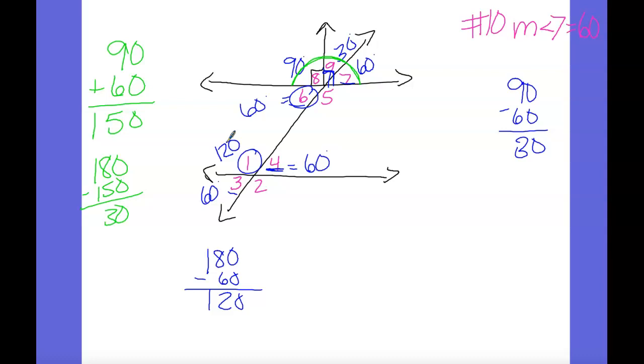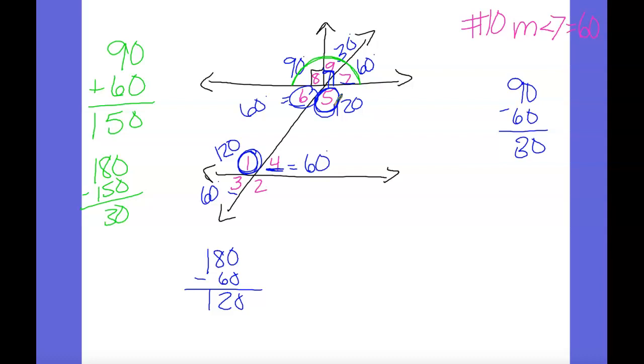So they would equal 180. So 180 minus 60 gives me 120. We could have also used the fact that angle 1 and angle 5 are alternate interior, so they would measure the same. Did I get the same answer either way? Yes.